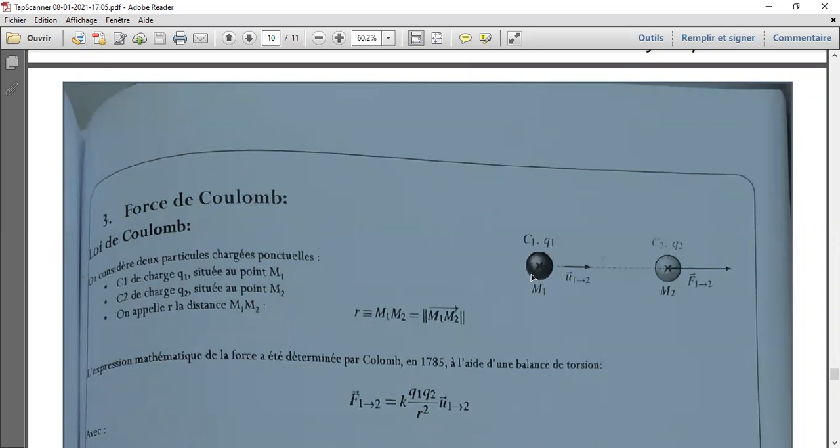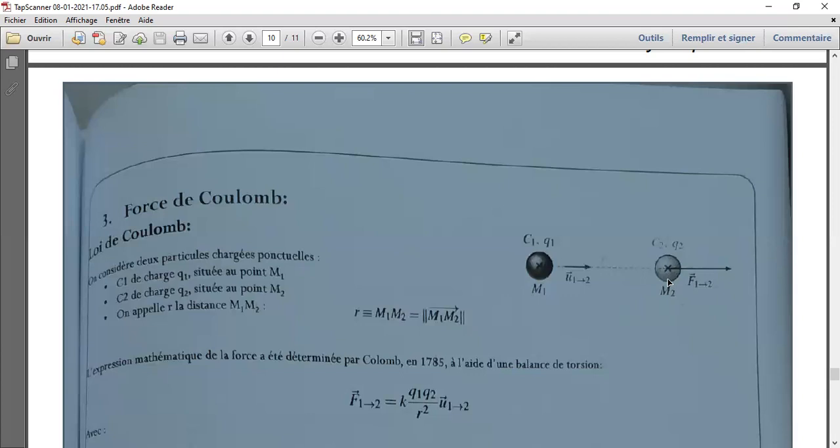With a punctual charge, they have a fixed point where you cannot find them everywhere. They will specify the point, point M1, point A, point B. And there's also a particle C2, with the charge Q2, situated at the point M2, which is here.